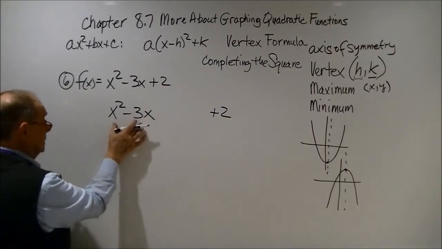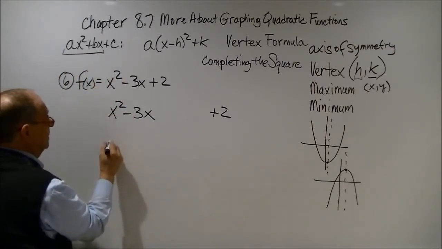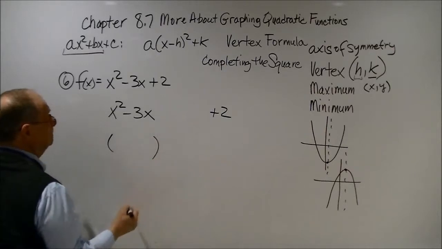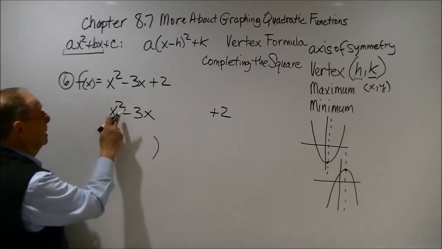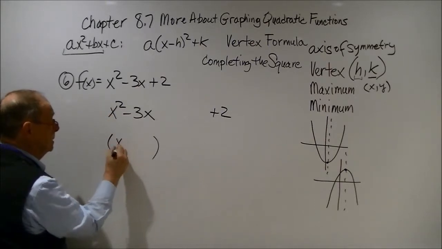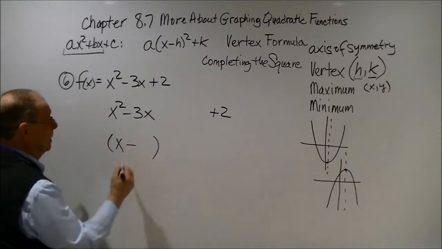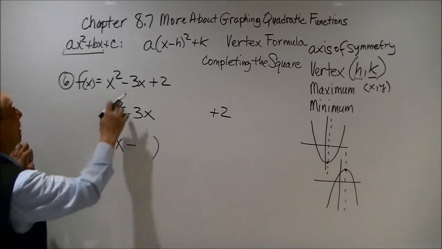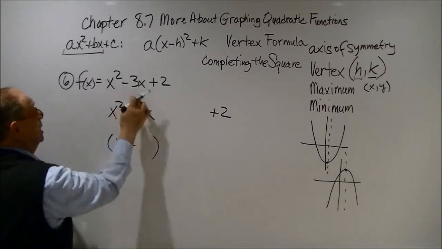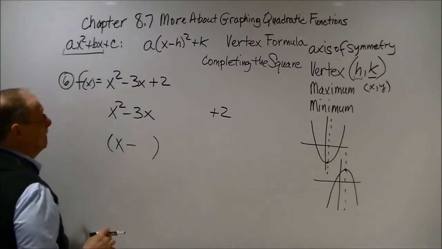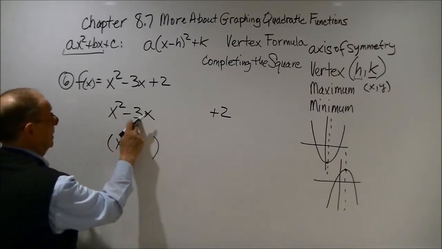Now, using this part, I'm going to start to complete the square. Now, I know that x squared just becomes x here. I'm going to use this negative sign right there. And now I want to find out, in terms of b, what do I put here? Well, it's half of b.